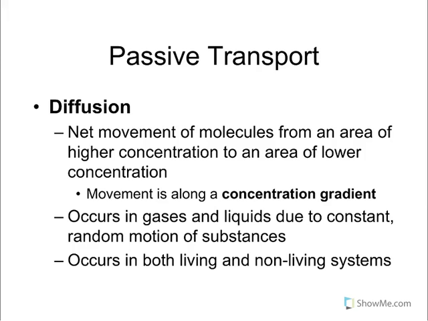The first type of passive transport, there's several different kinds that we're going to see. The first is diffusion. Basically what we're going to see is a movement of molecules from an area of high concentration to an area of low concentration. The brackets mean concentration.